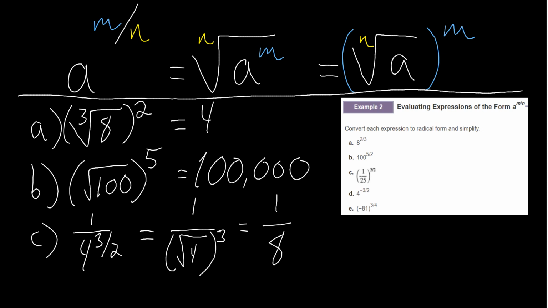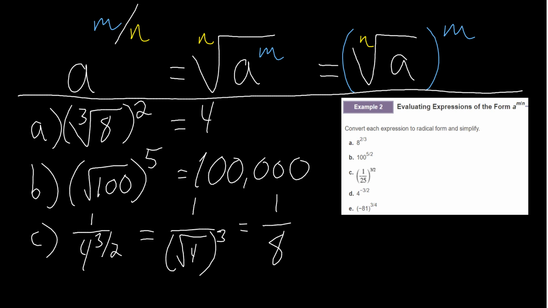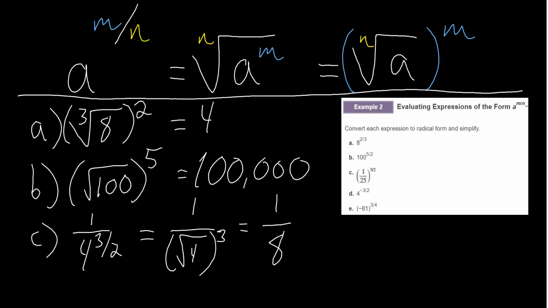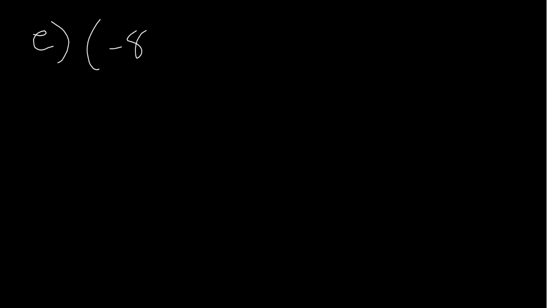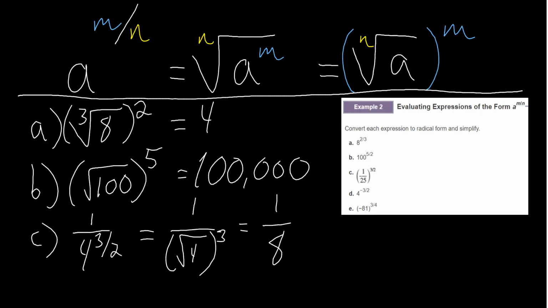And let's go ahead and do E on the next page. Let's do E, which is negative 81 to the 3/4 power. Oh, well, I guess I probably shouldn't have, but oh well. Yeah, well, I really hate giving it its own page. Let's actually not give it its own page because I noticed that it's going to be easy.